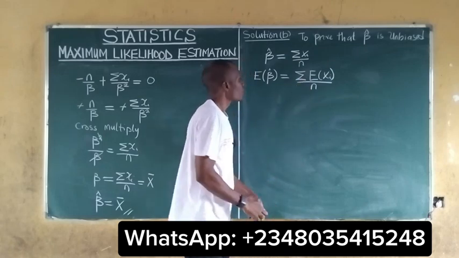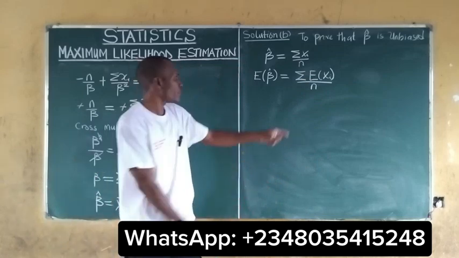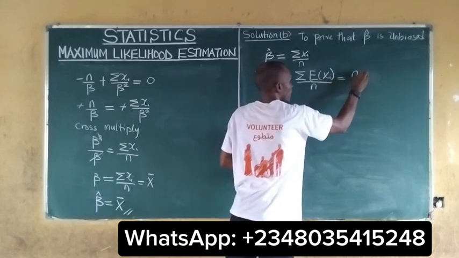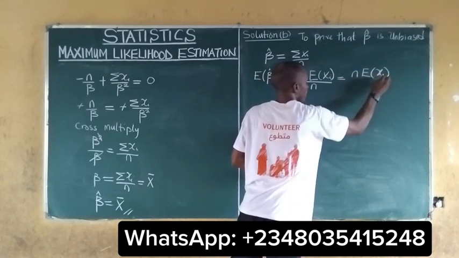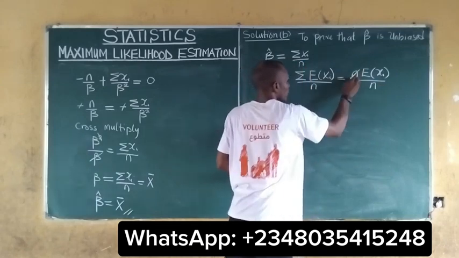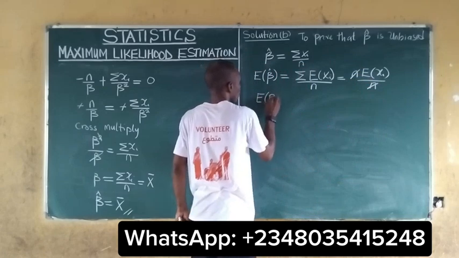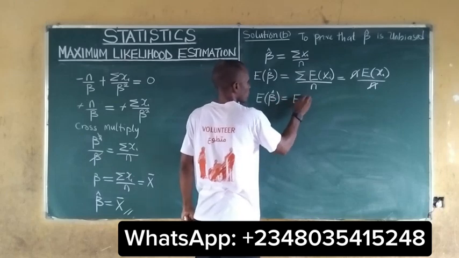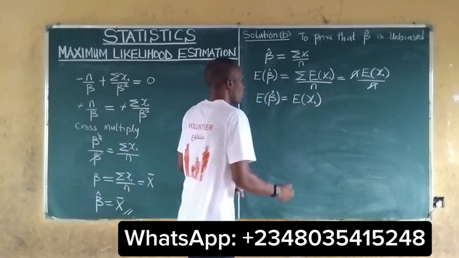If you sum a constant, you get n times that constant. So we have n times expected value of xi all over n. Of course, this and this can cancel, to give us our expected value of beta estimate to be the expected value of xi.